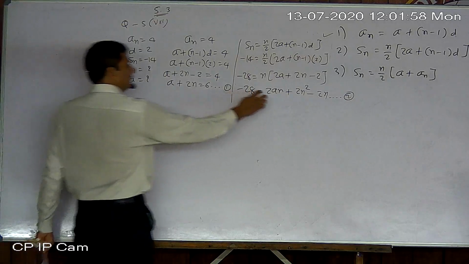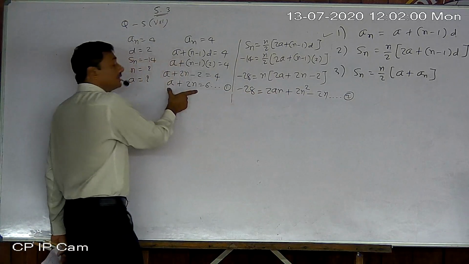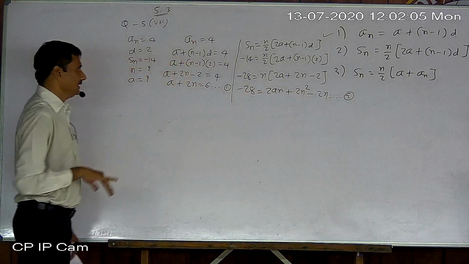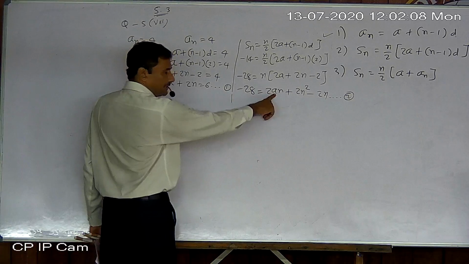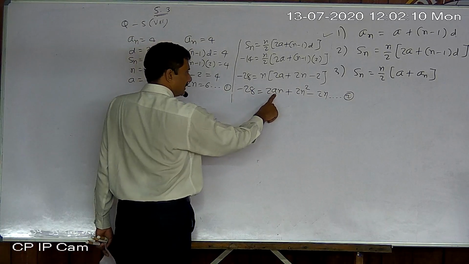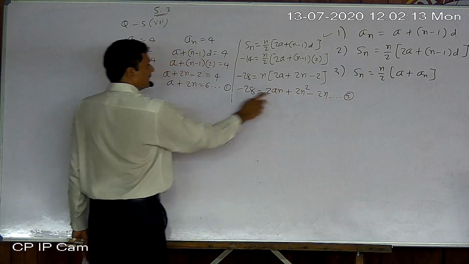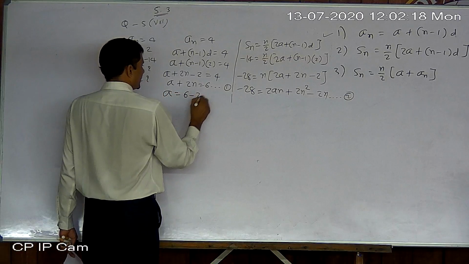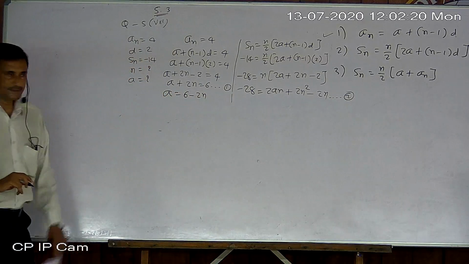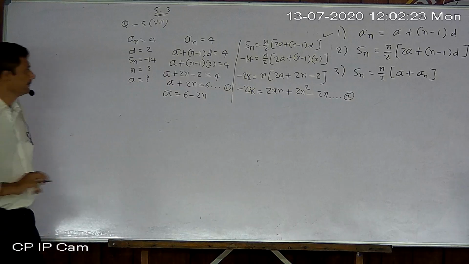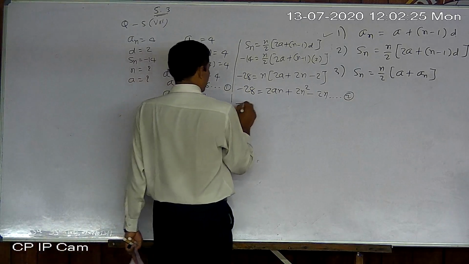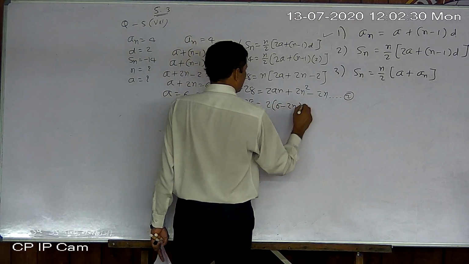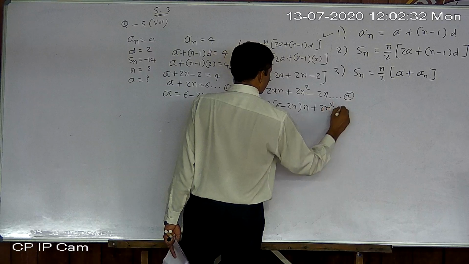Substitution method means any one variable is removed using another equation. So can I remove a or n, either n or a, but a is at only one place. So it is usually advisable to remove a. So in place of a, what can I write? 6 minus 2n. Okay, so I can write here minus 28 equal to n times 6 minus 2n, plus 2n square minus 2n.